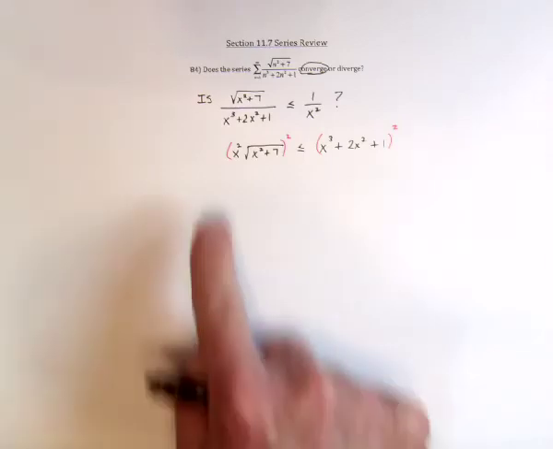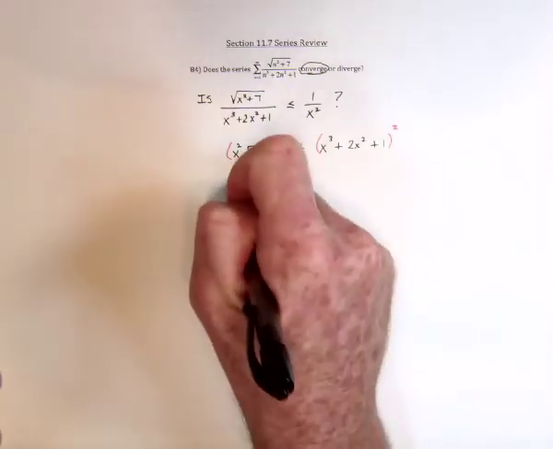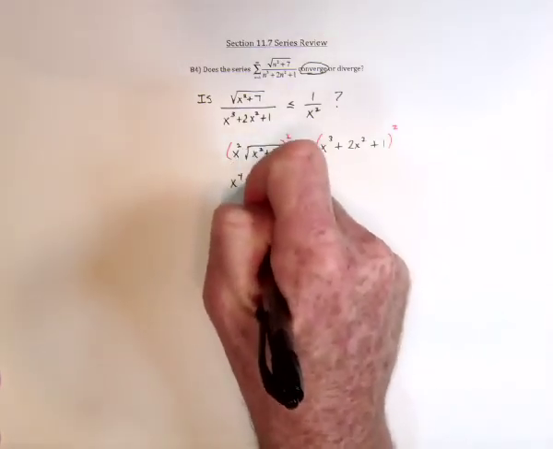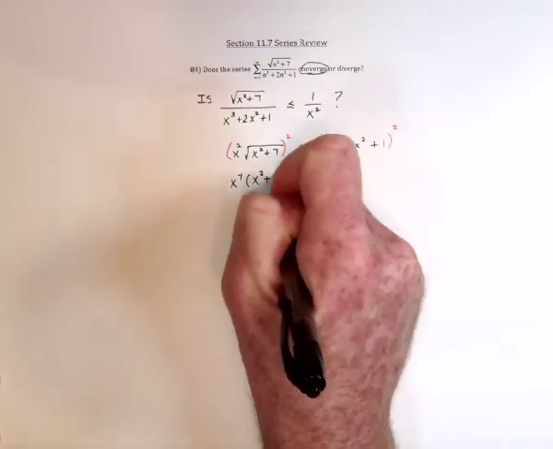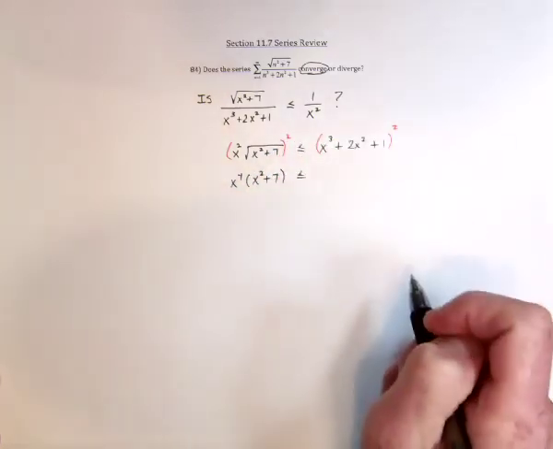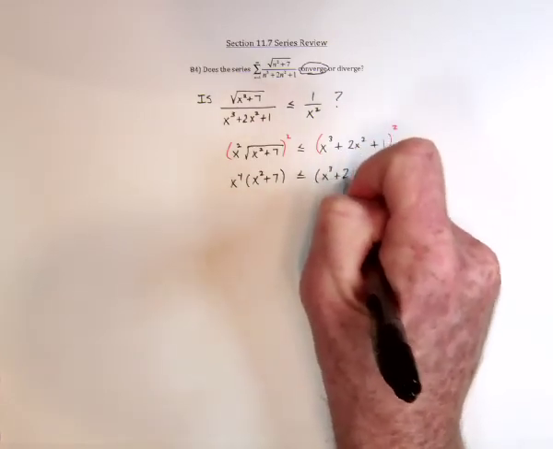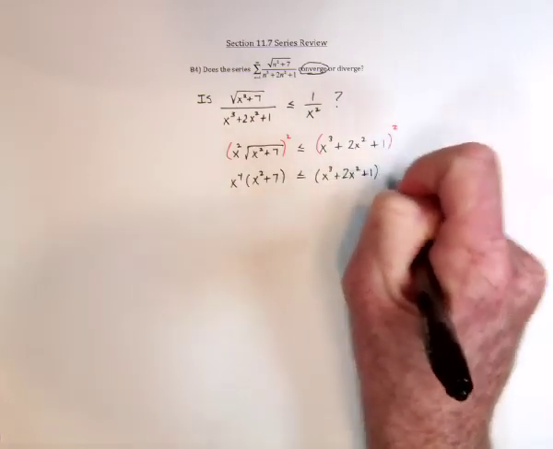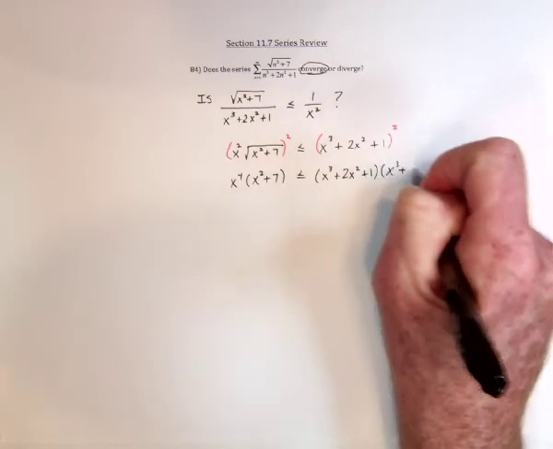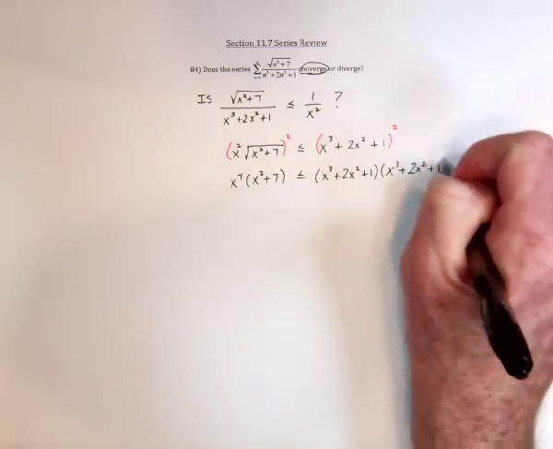So on this side we would have x to the fourth multiplied with, in parentheses, x squared plus 7. On the other side we're going to have to multiply it out: x cubed plus 2x squared plus 1 times x cubed plus 2x squared plus 1.